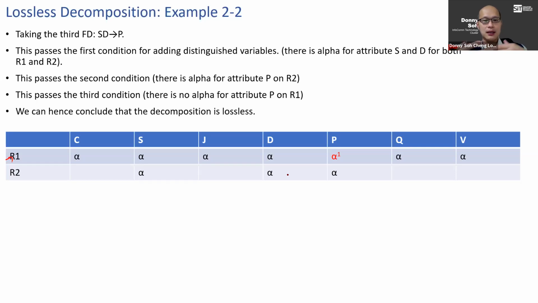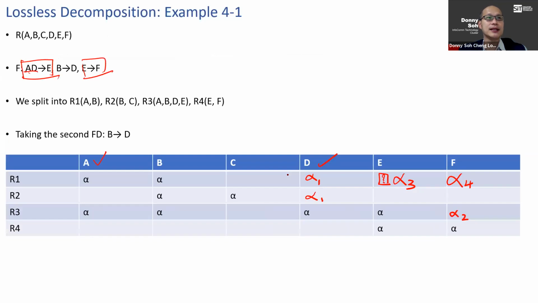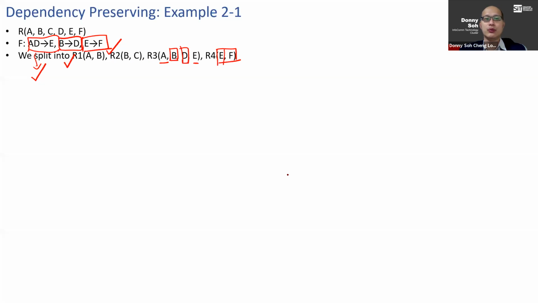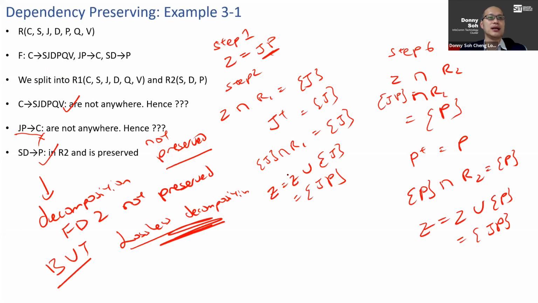So with this, we can find that there are cases whereby we call it a lossless decomposition, but we lose a functional dependency because of us decomposing the tables in a certain manner.